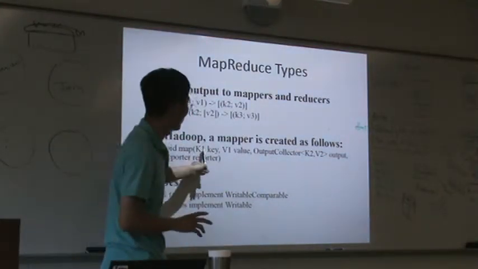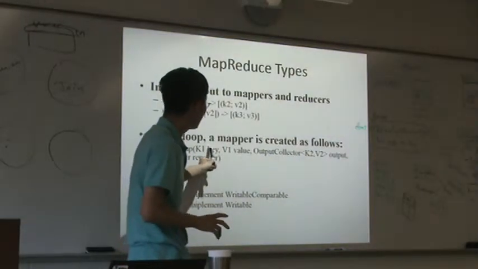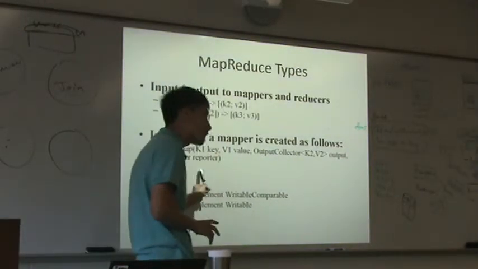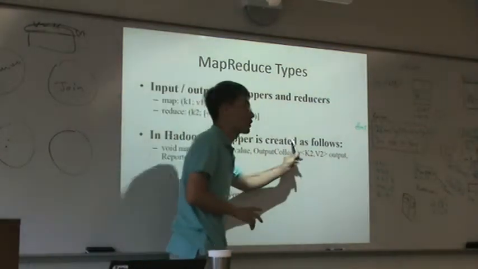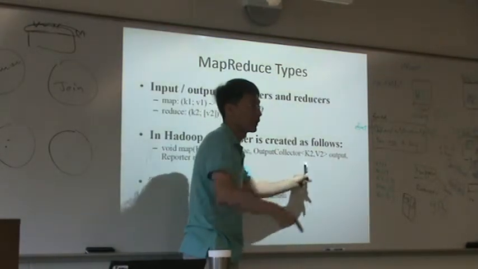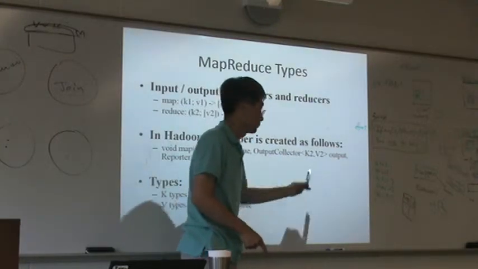So we need to specify the key and value of the input and the key and value of the output of the map. Usually this is the iterator, an array.